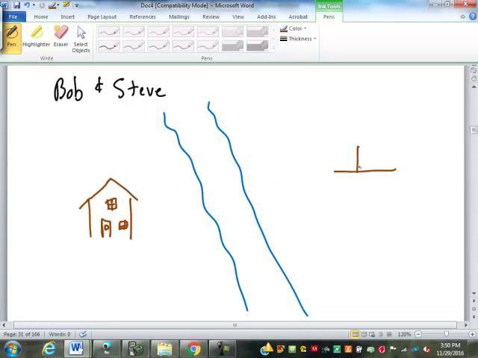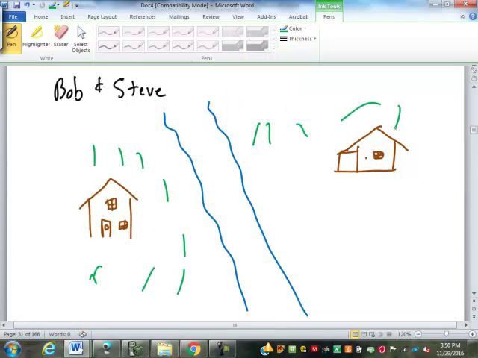There's a cabin on each side of the river. And on the ranch, they have inherited several cattle.